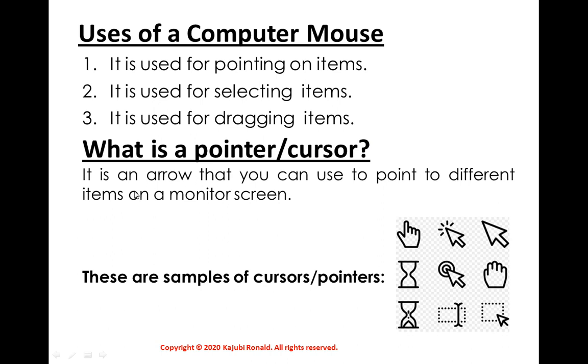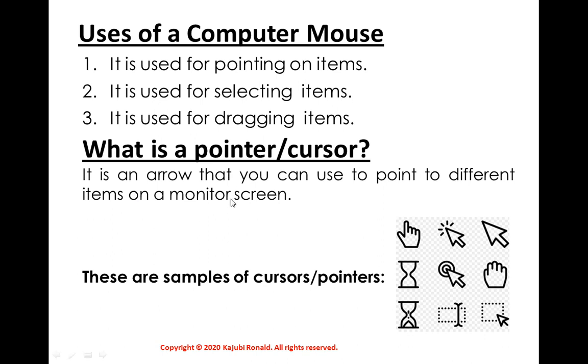So a cursor or a pointer is an arrow that you can use to point to different items on a monitor screen. So as you move the computer mouse from one place to another, there will be an arrow on a monitor screen moving in a direction of the mouse movement. So as you move the computer mouse, also the pointer moves. So you are the one guiding the pointer to move.